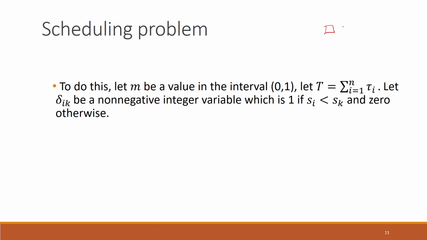Suppose you have these 3 tasks. The first task takes maybe 2 time units to process, the second one takes maybe 3, and the third one takes maybe 1 time unit. If you process all of these 3 tasks just one after the other on a single processor, it will take 2 plus 3 plus 1 equal to 6 time units here.